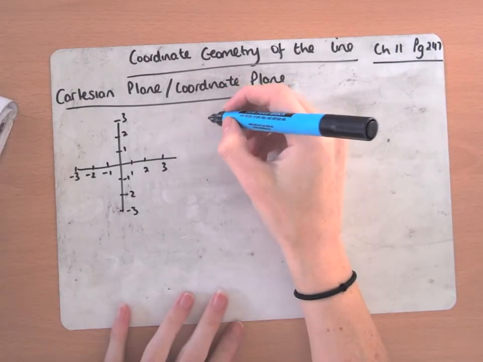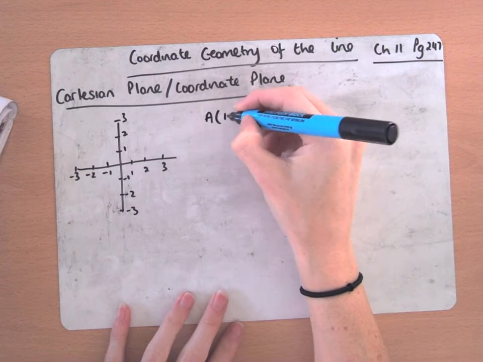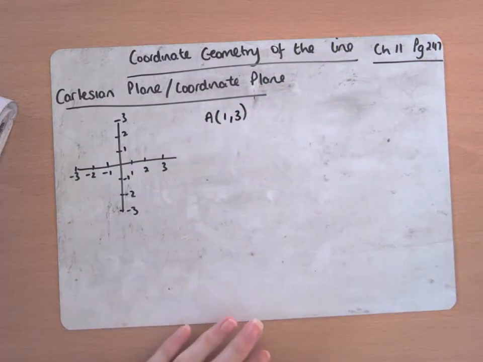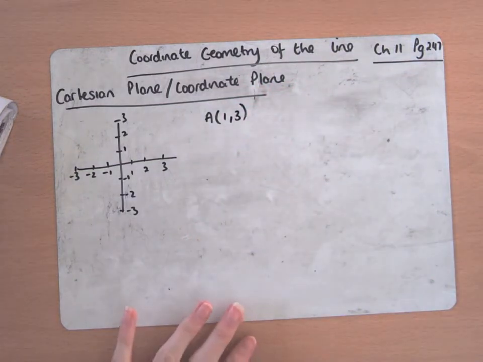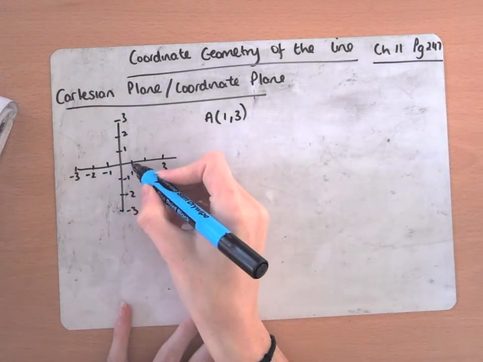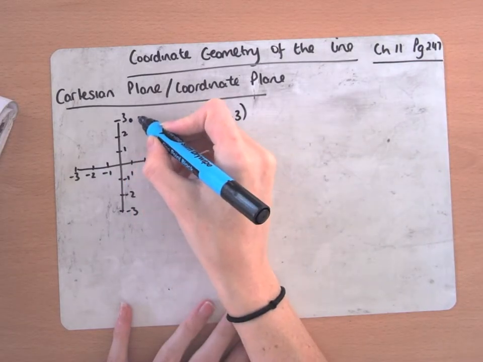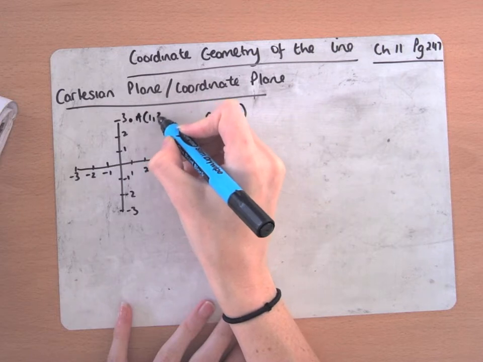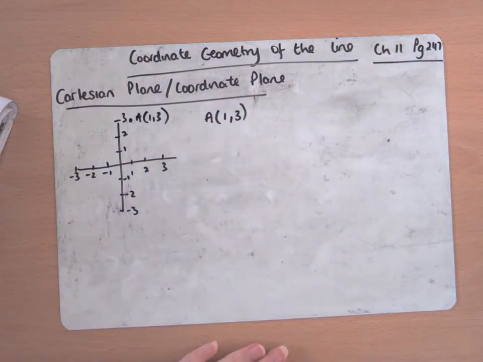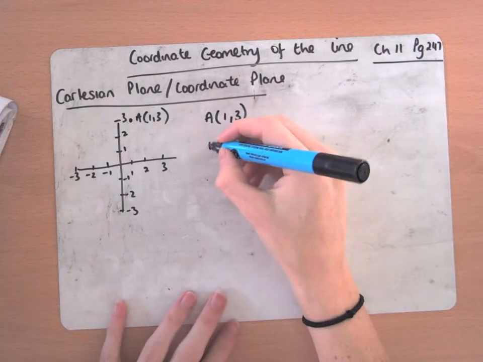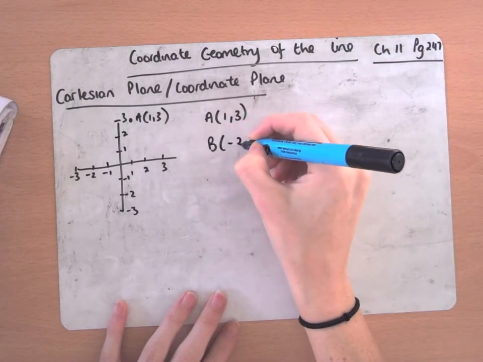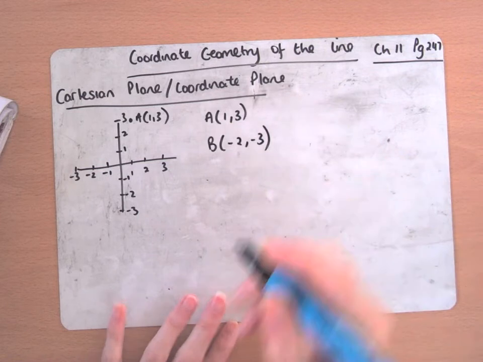For example, if they want you to plot the point 1, 3, how do you plot that point? That's point A. Go over to where x is 1 and up. Perfect. So that's the point A, 1, 3. What about B?